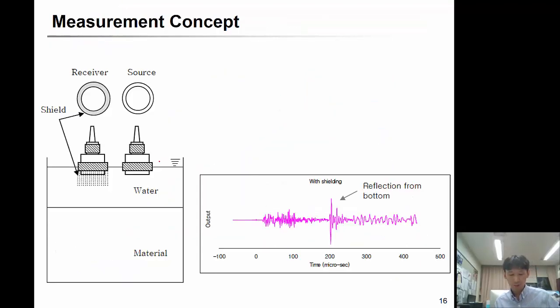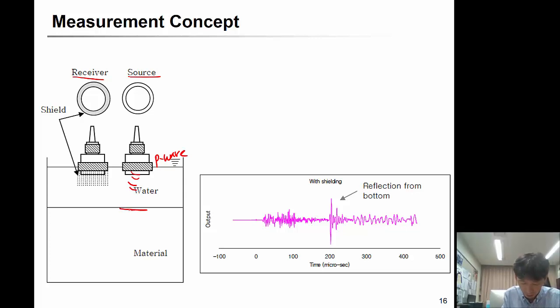So then, let's see one example of the use of ultrasonic transducers. This is the source and receiver, and it generates the P wave.